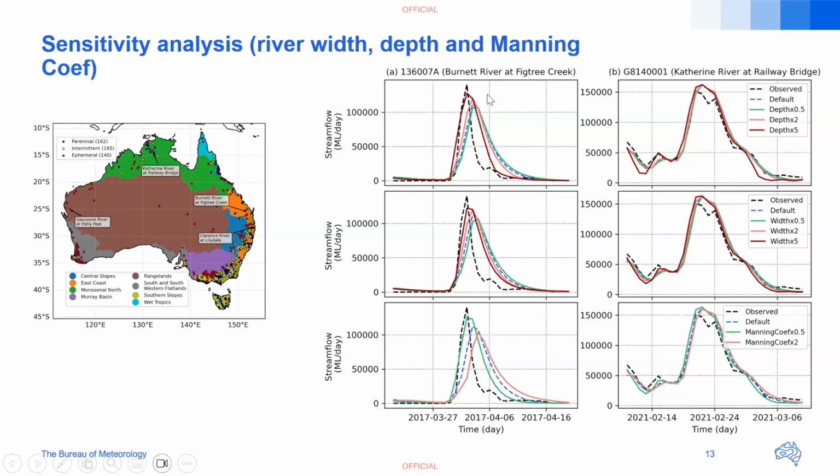When I change the parameters a little bit, I get a much better fit for this hydrograph. But in the case of the Catherine River, the model is already performing really well, and there doesn't seem to be that significant sensitivity.